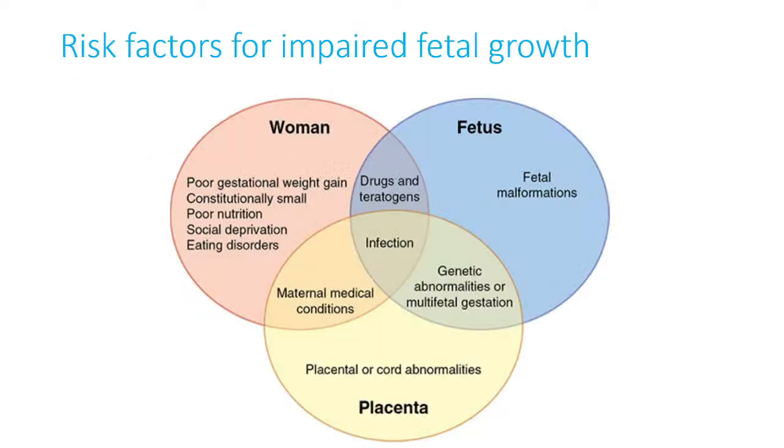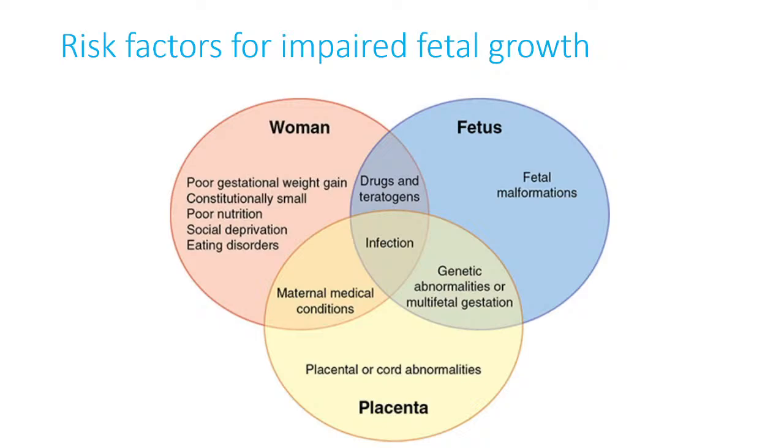So, what are the risk factors? Many risk factors are there, and they can be divided into 3 parts according to etiology. One is woman, one is fetus, one is placenta. If the cause is inside the pregnant lady, then it is woman; or it is in the fetus, or in the placenta.